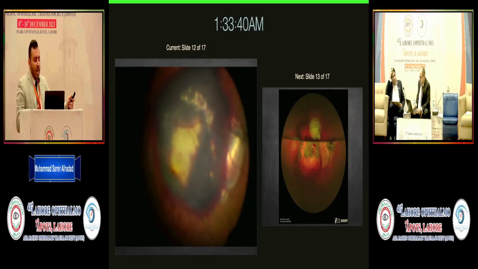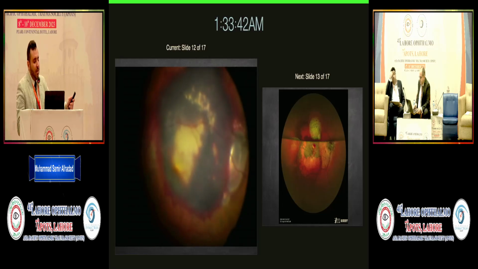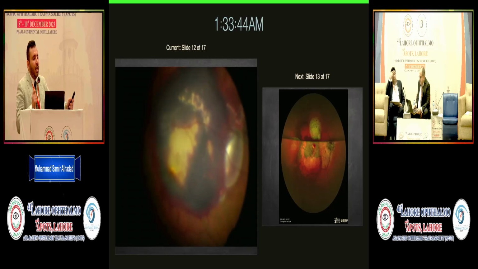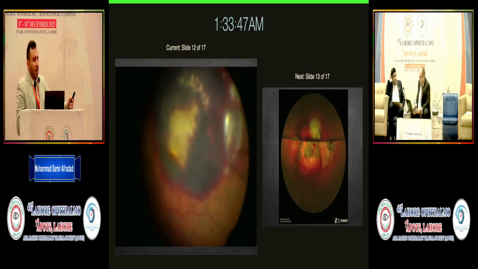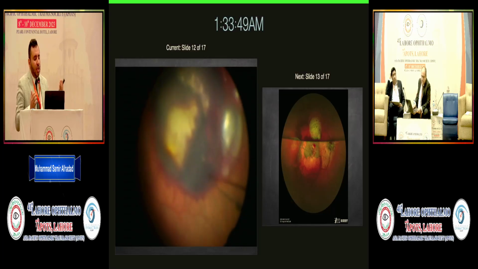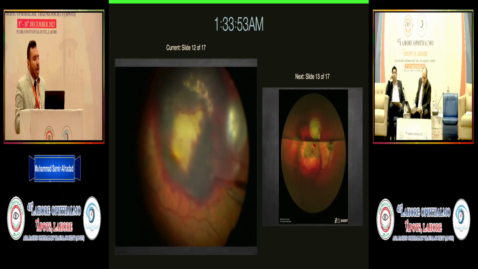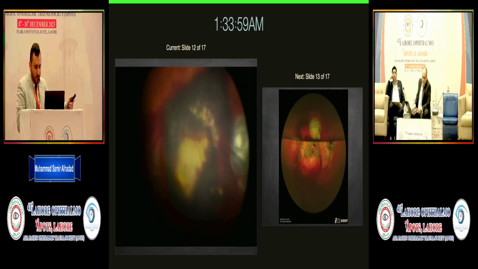So injecting, as we see here, TPA as well as an air bubble. The air bubble is injected to make room for this hemorrhage to escape from the macula, and the TPA is for dissolving that clot, as we see here.